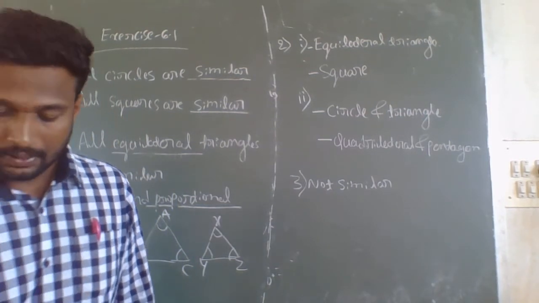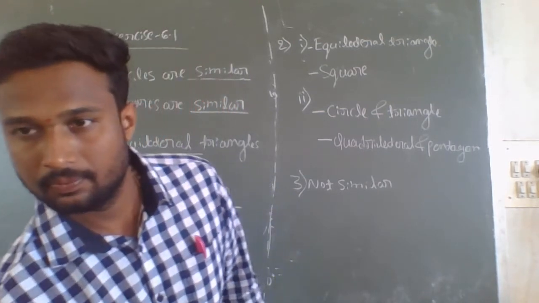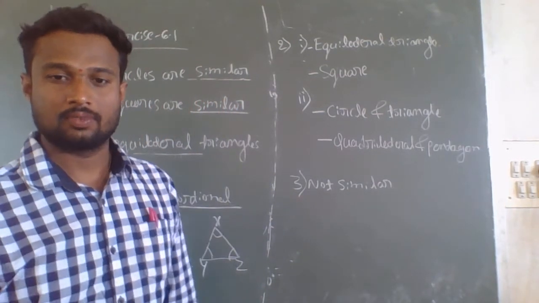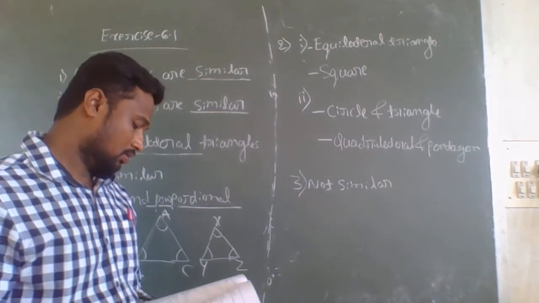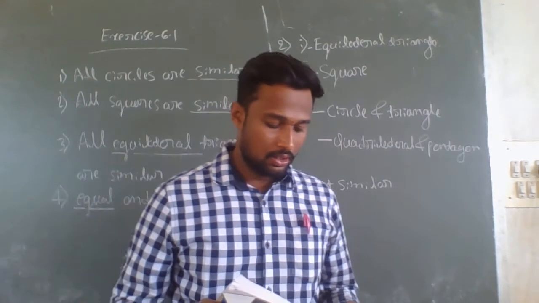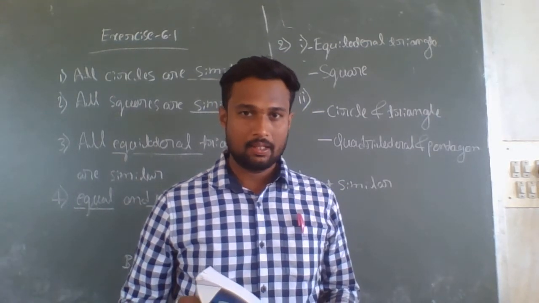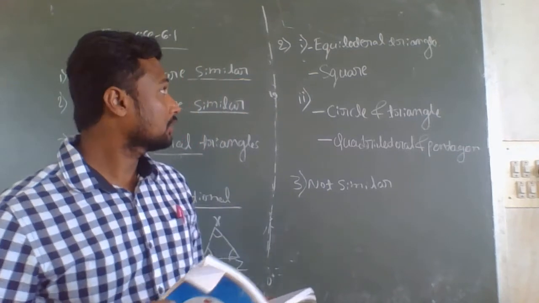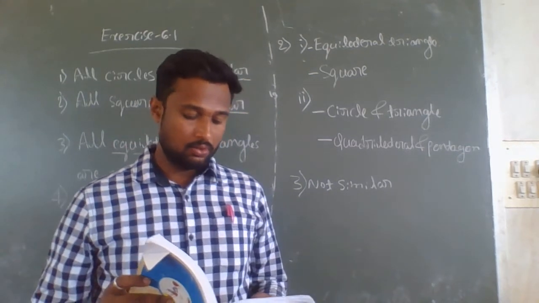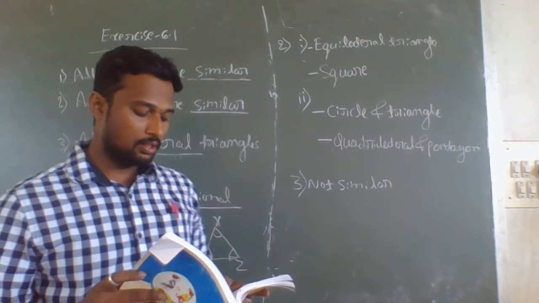Next one. In the second question, what are they asking here? They are asking to give two different examples of pairs of similar triangles. So in the second main question, first one, we have to give two examples of similar triangles.